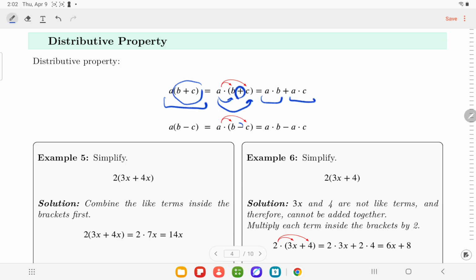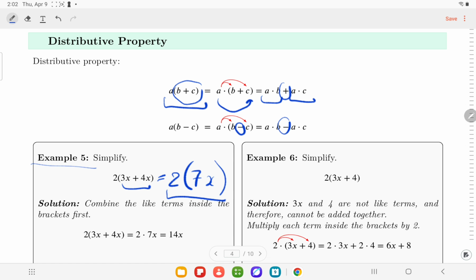And then if there was a minus sign in the middle here, it would be a minus instead of a plus. But if you can add B and C together, like for example in example 5, we have 3x plus 4x in the brackets. Since these are both like terms, we can add them together and we get 7x.